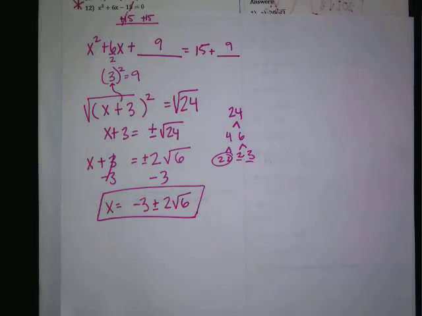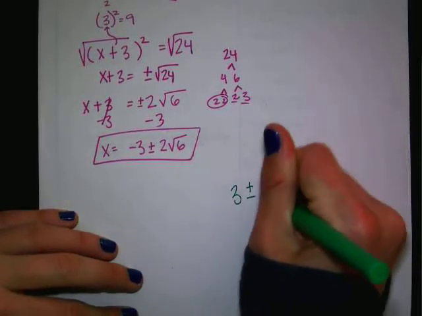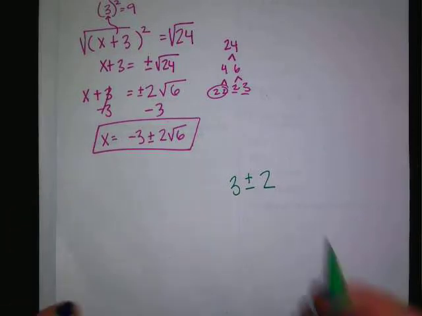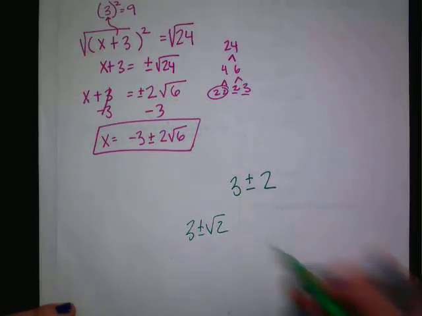Sometimes we put like 4 and 8 or something. If everything is a regular number, no i's, no roots, like when you have 3 plus minus 2, you see that's a number, so 5 and 1. But if it was 3 plus minus square root of 2, you can't do it.